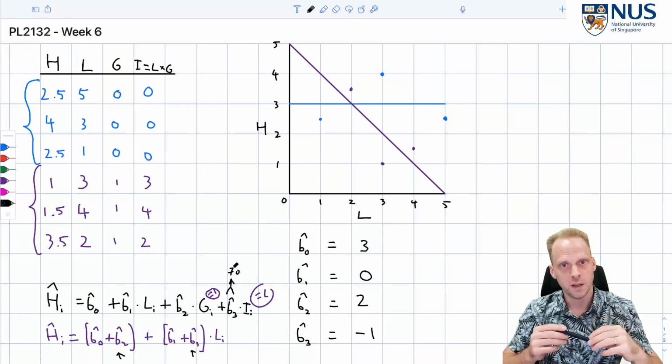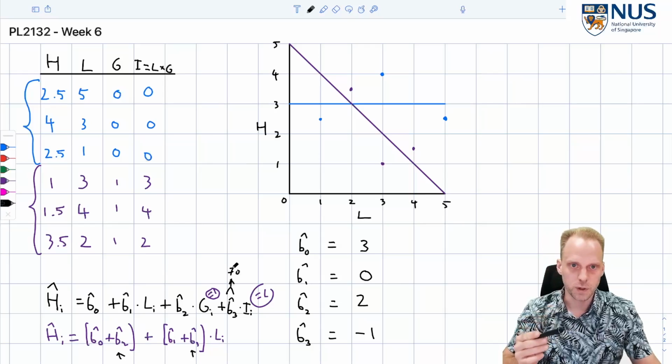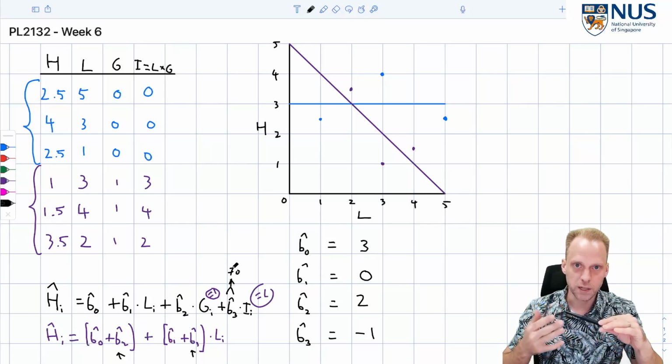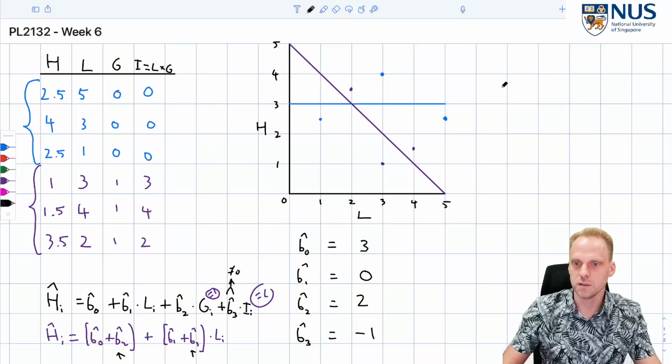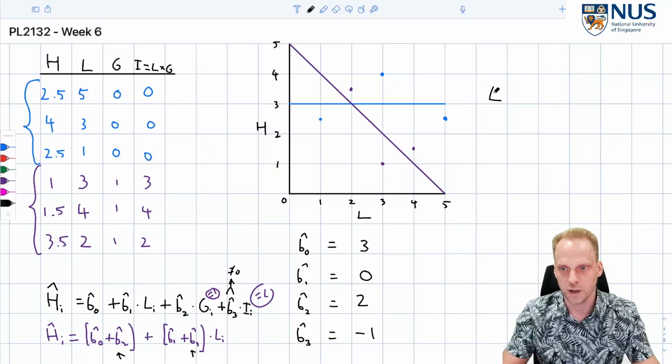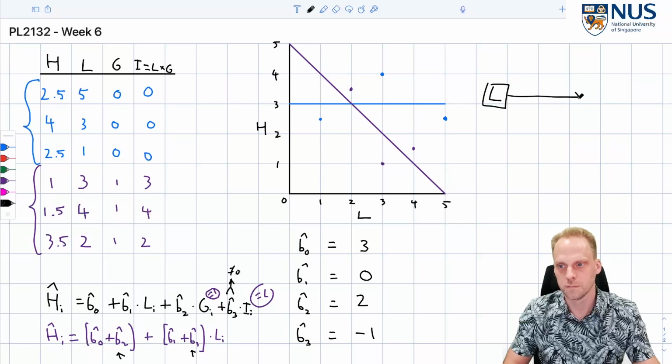Moderation means that the effect between two variables depends on a third variable. So in this case, the moderation would be, we have an effect of loneliness on happiness, but the group membership changes that relationship.